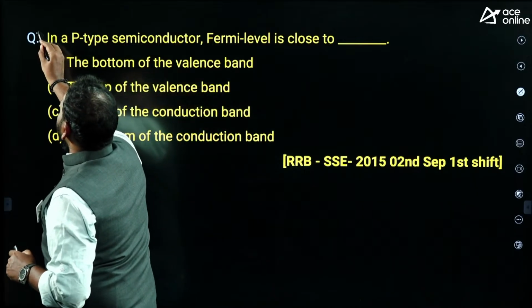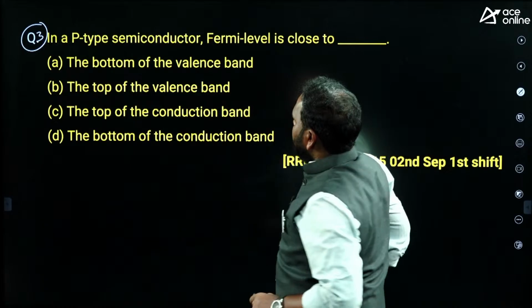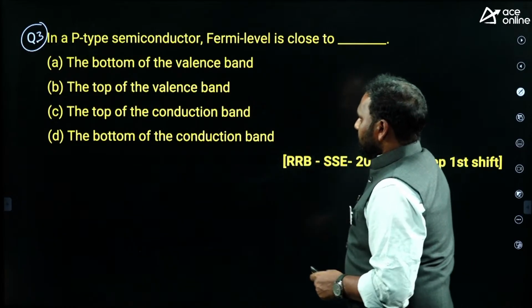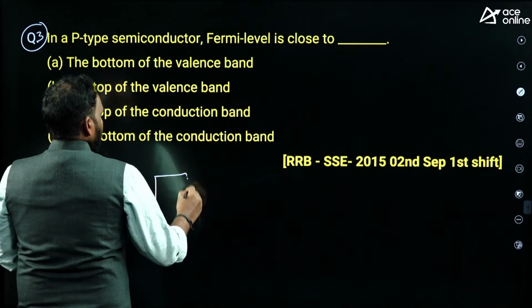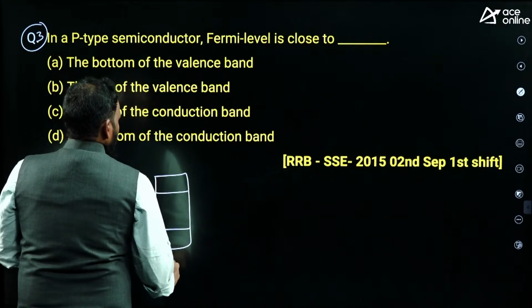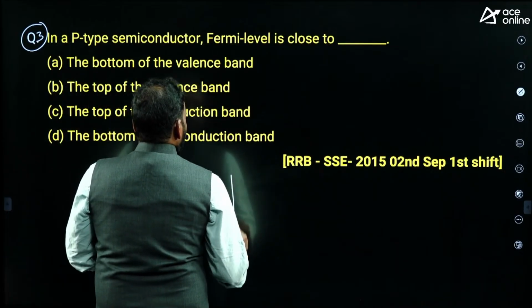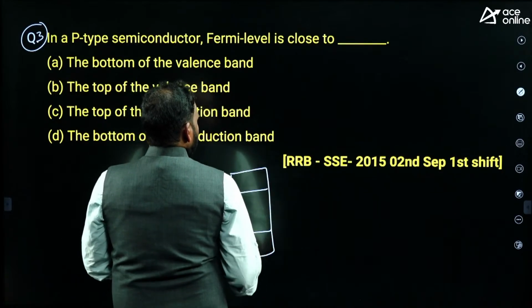Very interesting, challenging, so that's why I will give you the time. In a p-type semiconductor, Fermi level, not only p-type, try to give me the answer for p-type, N-type. P-type and N-type are extrinsic semiconductors.